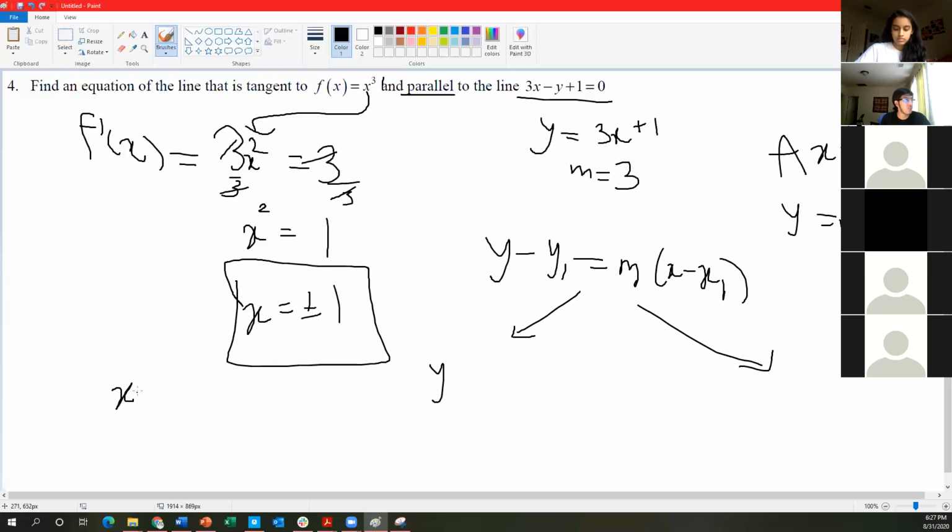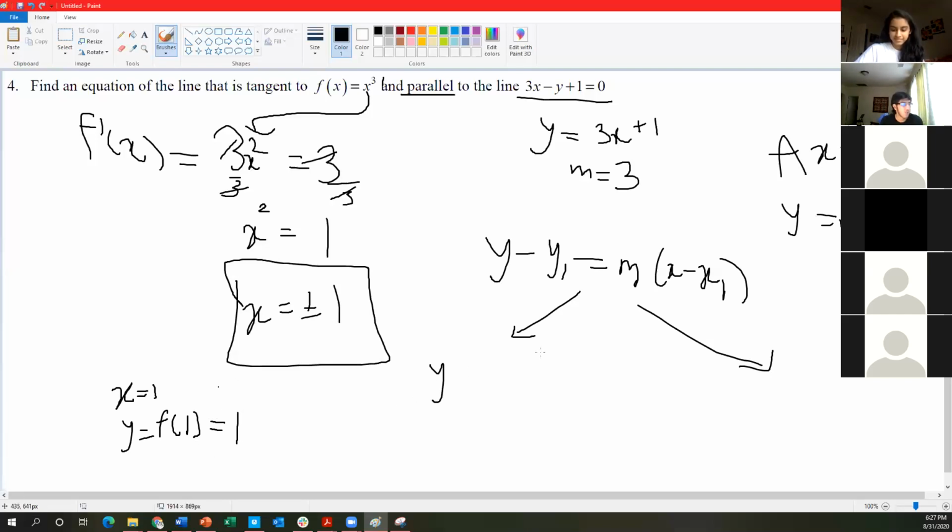So if x equals 1, what is y equal to? All I have to do is plug this back in the original f of x. So if x equals 1, y equals f of 1, which is what? F of 1 is, anyone blurt it out? It's 1. Yeah, 1, exactly.